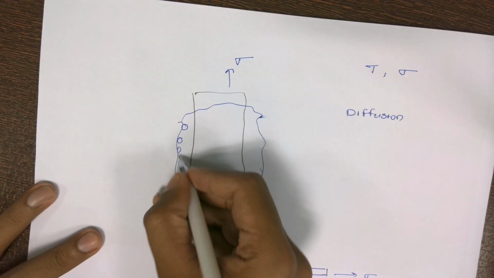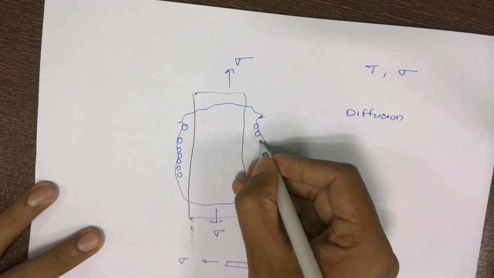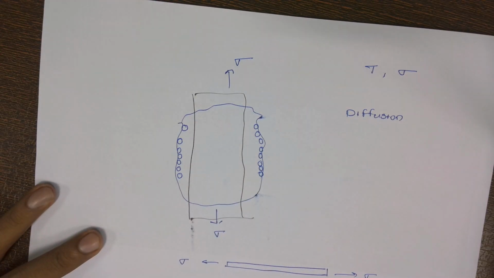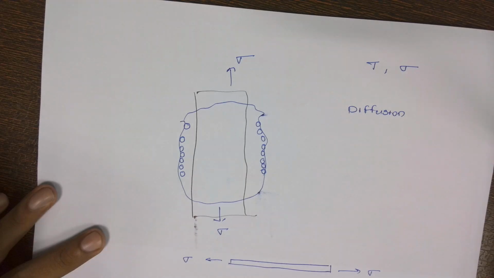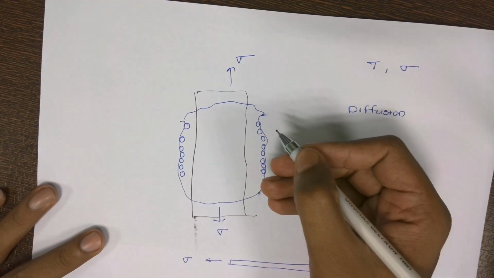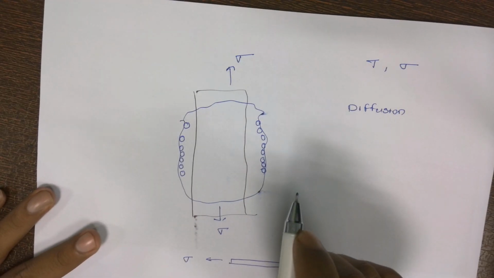Here, let's say these are the atoms initially. Now, under the application of force, the temperature is required in a way that you have to create the vacancy for the diffusion to migrate.